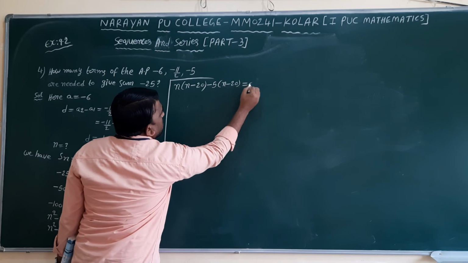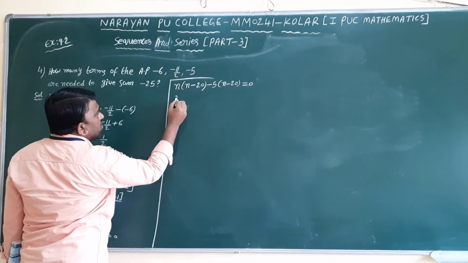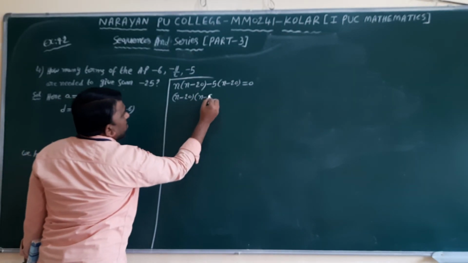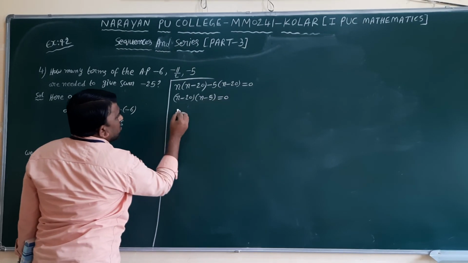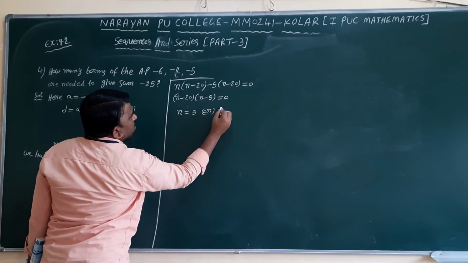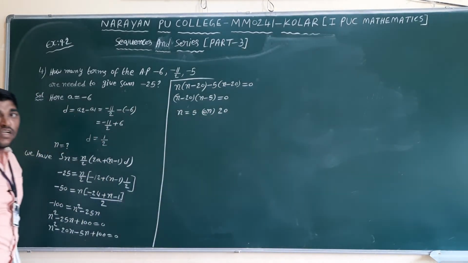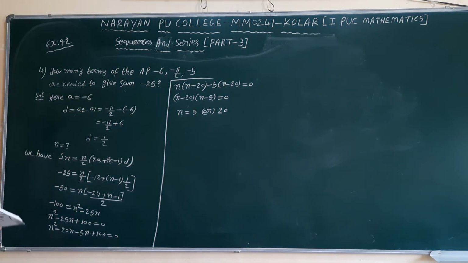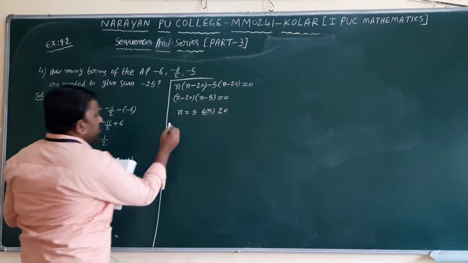From both we can take n minus 20 common: n minus 20 into n minus 5 equal to 0. The n value is either 5 or 20. You can take any value of n to get the sum minus 25. And next problem.